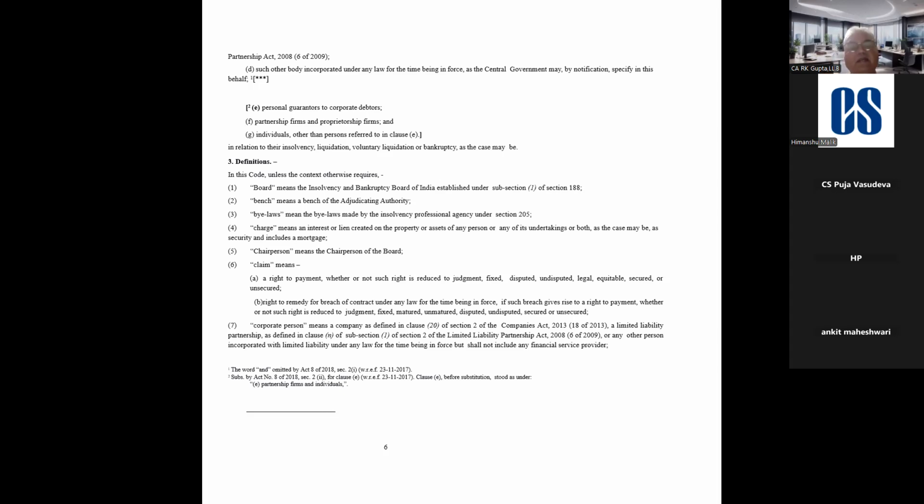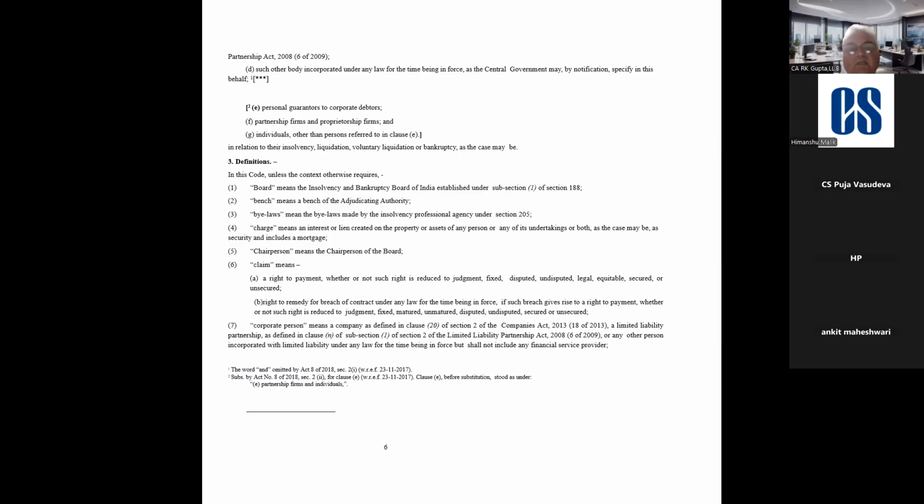When you get the right to payment, either you have given some money, then you have the right to get it back, or you have rendered some services, or you have supplied some goods, or there is some statutory liability. All these are covered under right to payment. It may or may not be reduced to judgment. It may be fixed, disputed, undisputed, legal, equitable, secured or unsecured. So if you have got a right to payment, it is covered under claim.